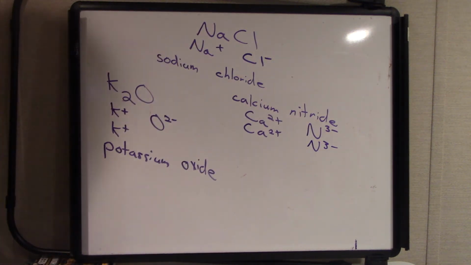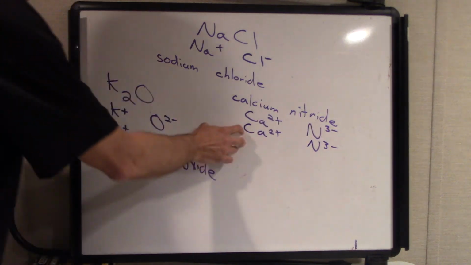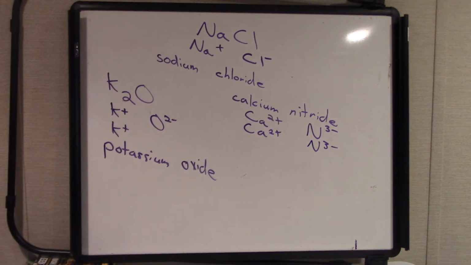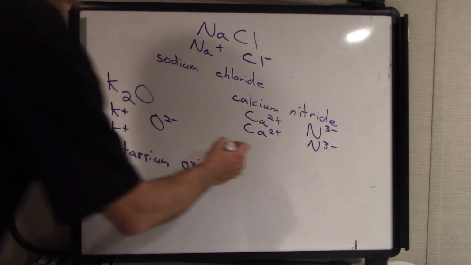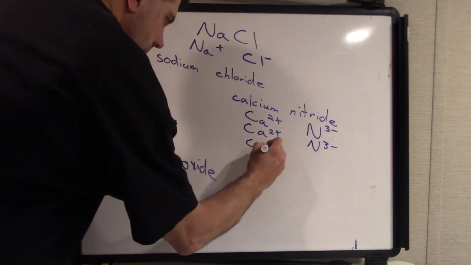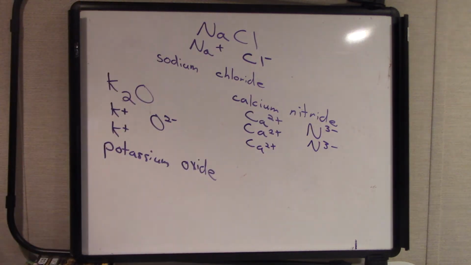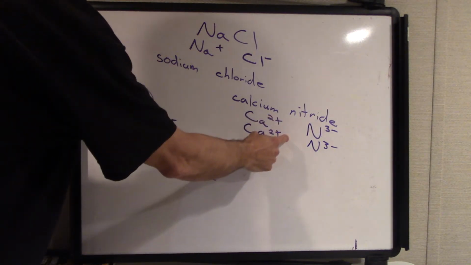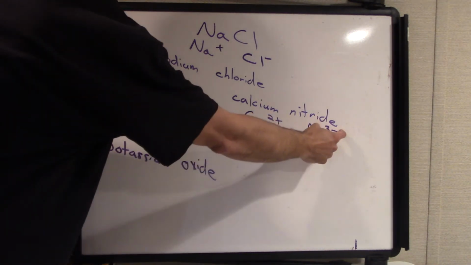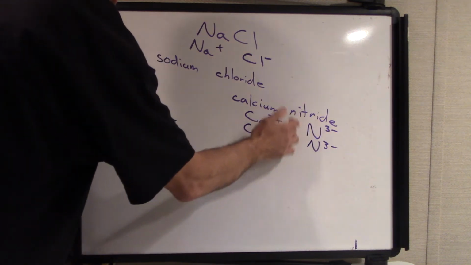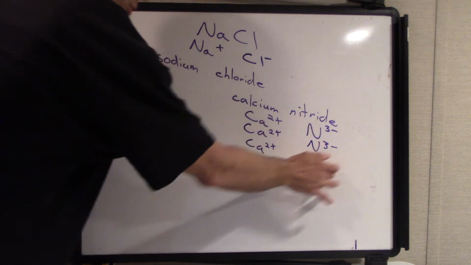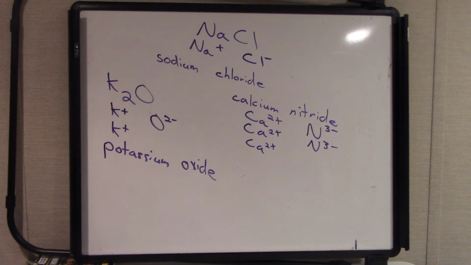So now my sum totals are +4, -6. Now I'm short positives again. So what will I do? I will add another positive ion. Now I have charge balance. +2, +4, +6. -3, -3, -6. Sum total of +6, sum total of -6. Now I have charge balance.